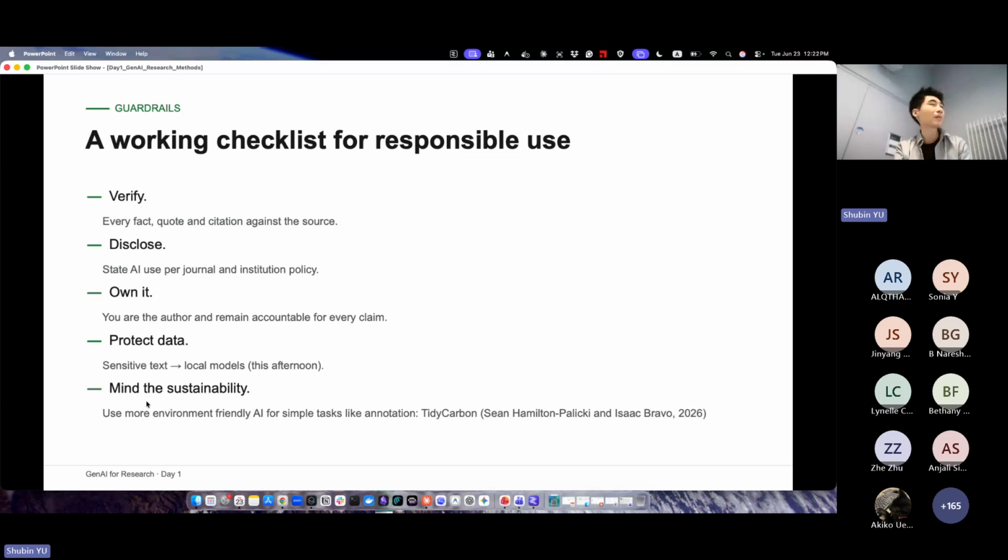And then mind the sustainability, right? So if a less capable AI can do simple tasks, use that. And here I want to recommend a very interesting project. It's called Tidy Carbon. It's actually an R package. So if you use R, you can install this R package. It can measure how much energy you consume when you run a task with a local model.